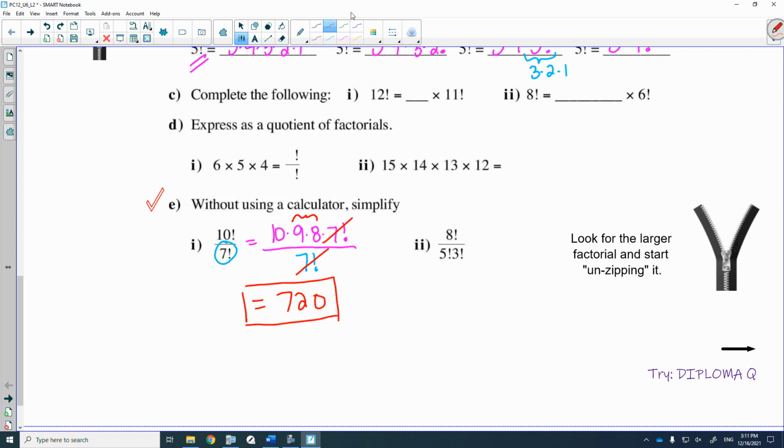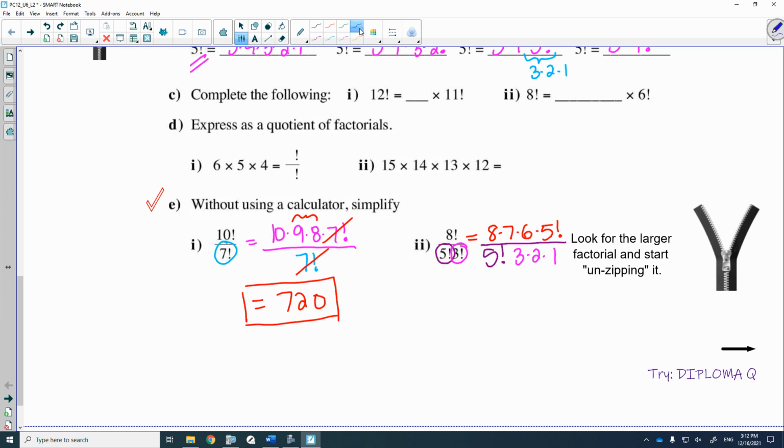Look at the second one. If we were to do this without a calculator, you would unzip the numerator because that's the bigger factorial. You're going to stop when you get 5 factorial. So unzipping 8 factorial would give me 8 times 7 times 6 times 5 factorial. In my denominator, I have the 5 factorial, and I have 3 factorial, which is simply 3 times 2 times 1.